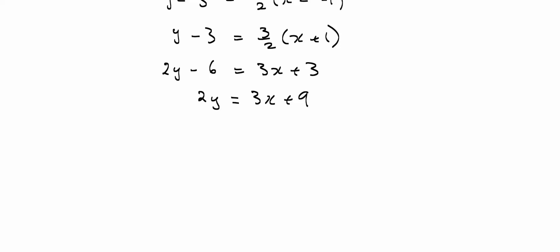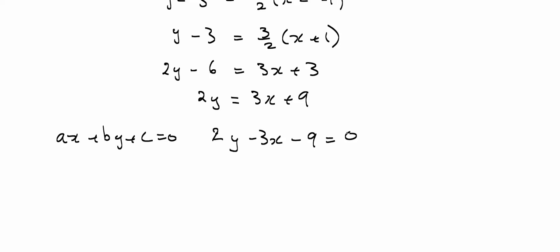Now sometimes a question will ask for this to be written in the form ax plus by plus c equals 0, and if it does, we have to write everything on the left. 2y subtract 3x subtract 9 equals 0, and we must have integer coefficients when we do that. So that's the answer to that problem.